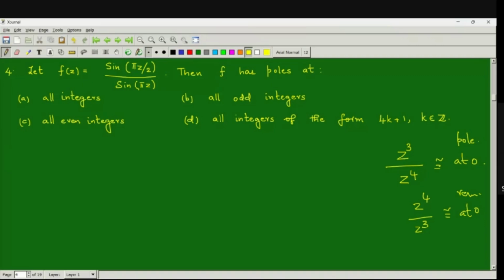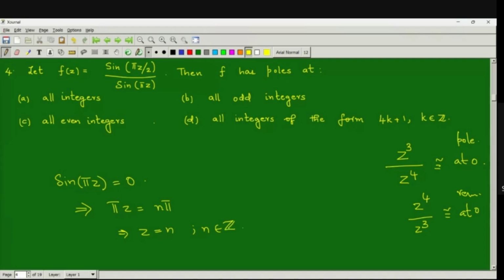So the thing is that if at all we have to check for some poles, it must come from this part. Which means πz is nπ, so z is n, where n is an integer.